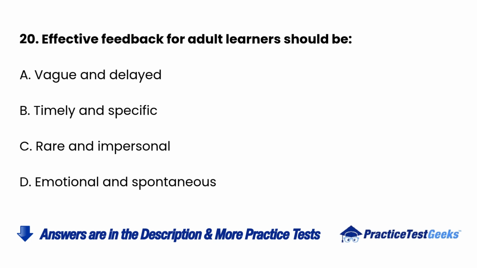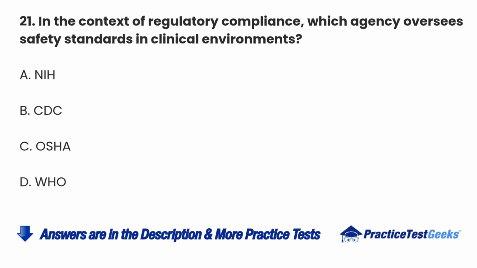Effective feedback for adult learners should be A. Vague and delayed. B. Timely and specific. C. Rare and impersonal. D. Emotional and spontaneous.